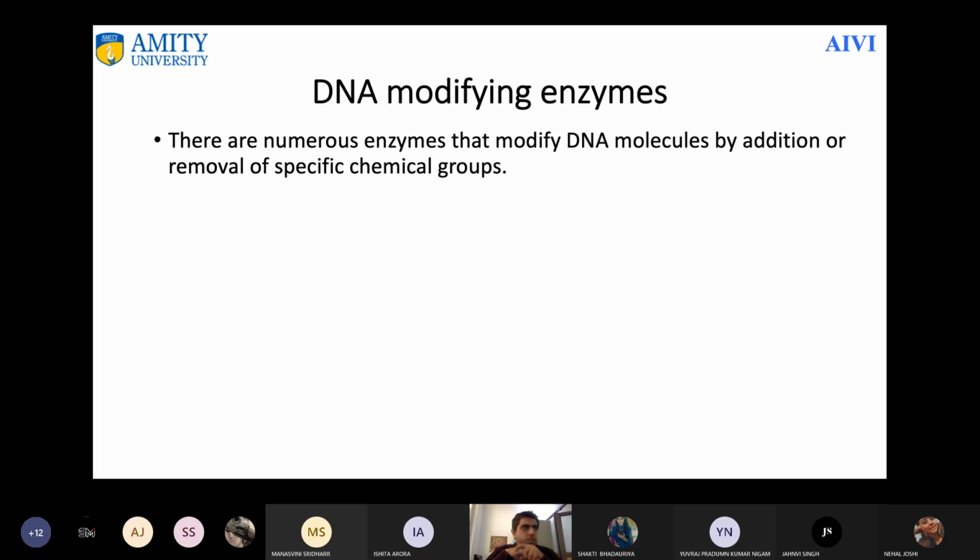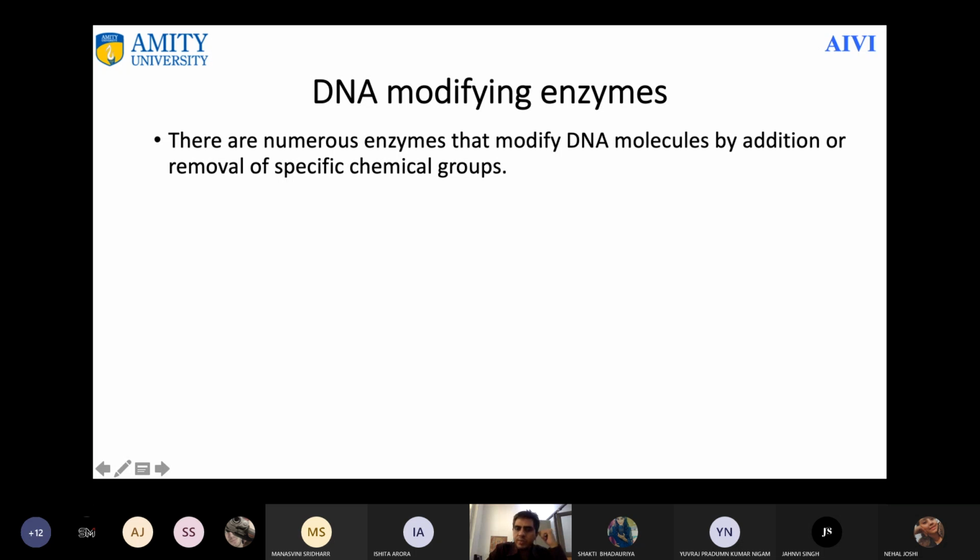Some other types of modifications are also there, like the methyl group. If anyone remembers the structure of uracil and thymine, what is the difference between the structure of uracil and thymine? Can anybody tell me?